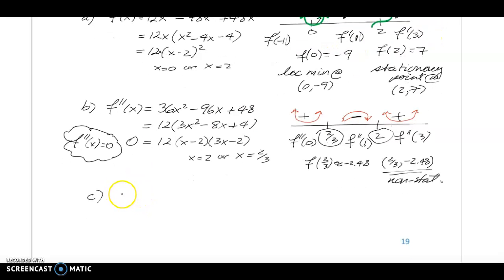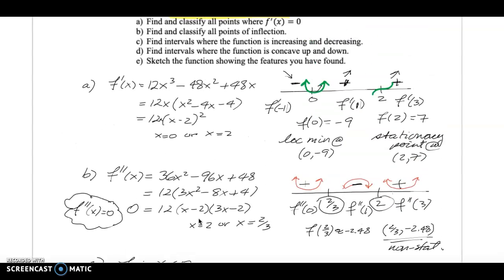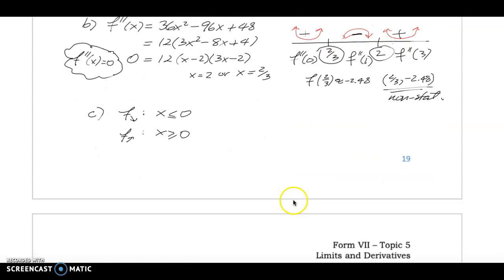So I'm going to write it like this, with a little arrow: f is decreasing over the following interval, where x is less than or equal to 0, and f is increasing where x is greater than or equal to 0. So there you have it, and that's C.